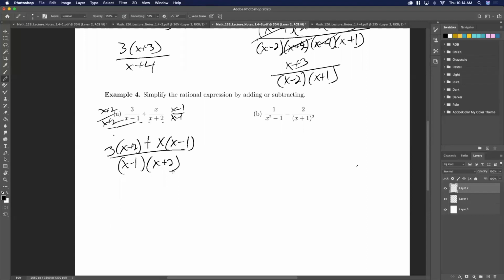And so this gives me 3 times x plus 2, and then here I multiply top and bottom, so it gives me x plus 2, x minus 1. It'll be x times x minus 1. And then from there, we can just simplify it a little bit. So we'll have 3x plus 6 plus x squared minus x all over x minus 1, x plus 2.